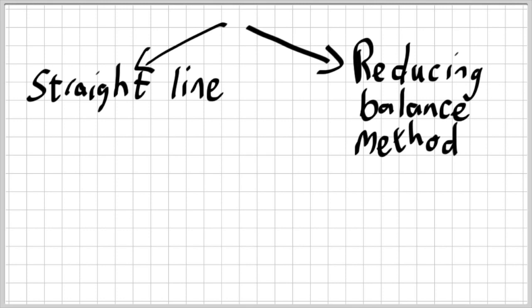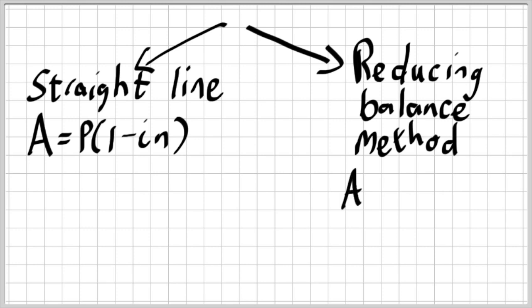But something to remember is that straight line depreciation is like simple interest, but just with a minus in the middle there. And then reducing balance is like compound interest, but instead of a plus in the middle, I've got a minus there.